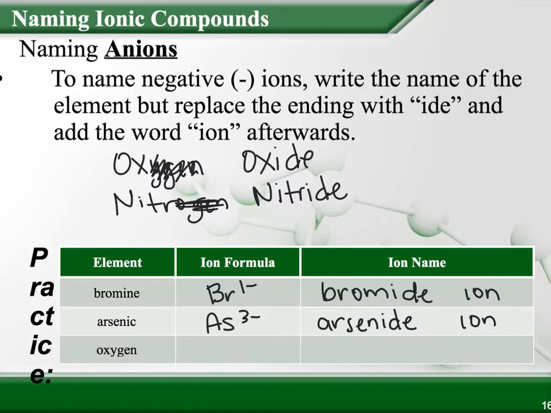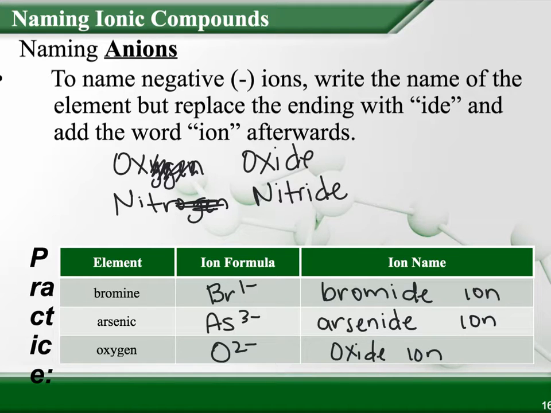I'm saying them funny just to help you become familiar with those drop-off points. And then oxygen, I already did oxygen up above, but it's an O2-, and it becomes oxide ion. Alright, so that's how we're going to do the anions.